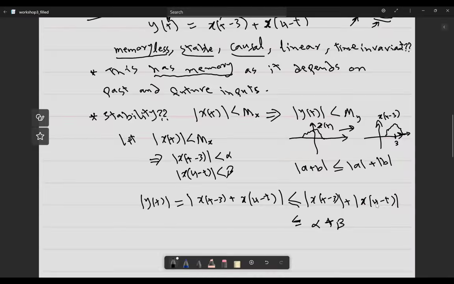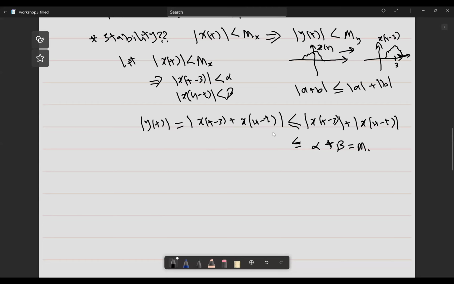Then the system is stable because y(t) is bounded by some finite value. Let's call this My, and it's less than infinity. It's finite. So the system is stable.